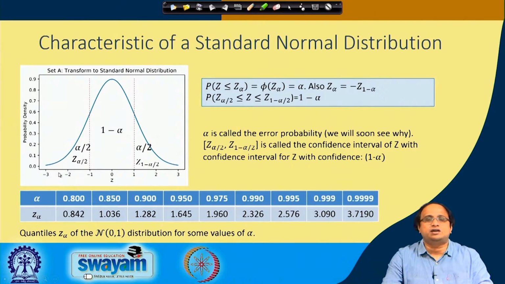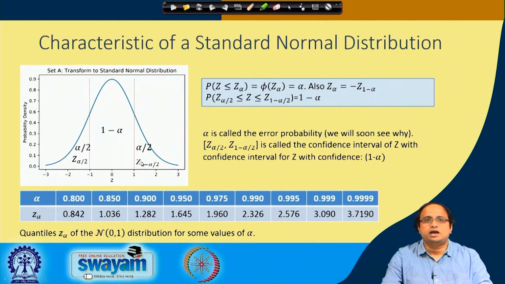This is the standard normal distribution curve. Now, this particular curve has some important properties. These properties are very important and central to the understanding of hypothesis testing. They are described by what are called Z alpha, or quantiles. The area under the curve is 1, or unity.